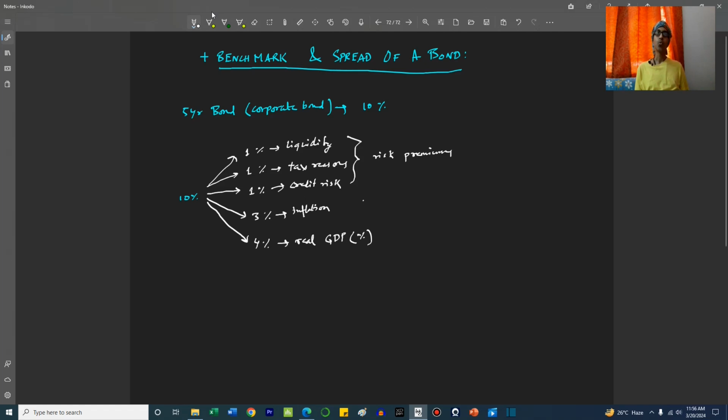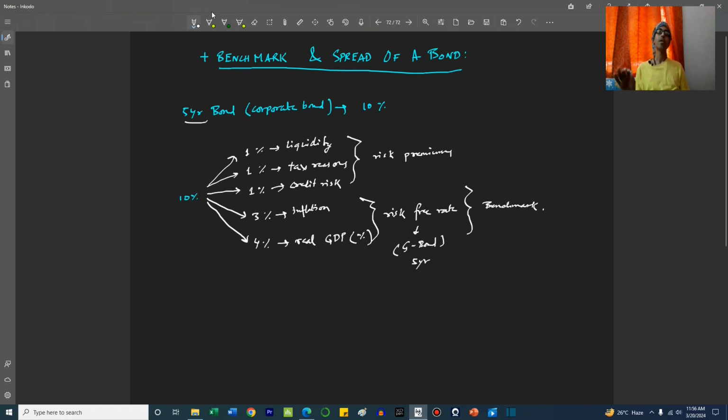And these two basically form the risk-free rate. Generally, a government bond will have this kind of a rate if we are to assume these numbers, right? Government bond of same tenor, that is the 5-year tenor. Now, generally what happens is this government bond is looked at as the benchmark.